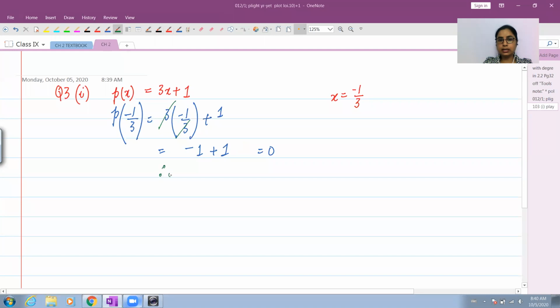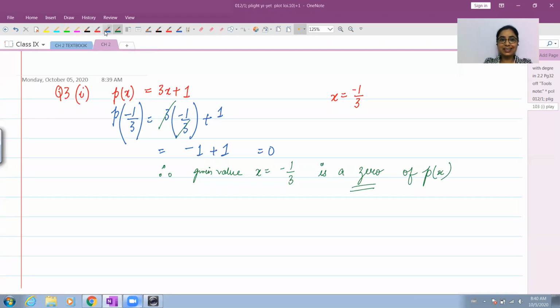So what you can say is, therefore, the given value x equals to minus 1 by 3 is a 0 of P(x). Because this value makes the polynomial 0, that's why it's a 0. This 0 is a noun actually. The name given to the value of variable which makes your polynomial equal to 0.